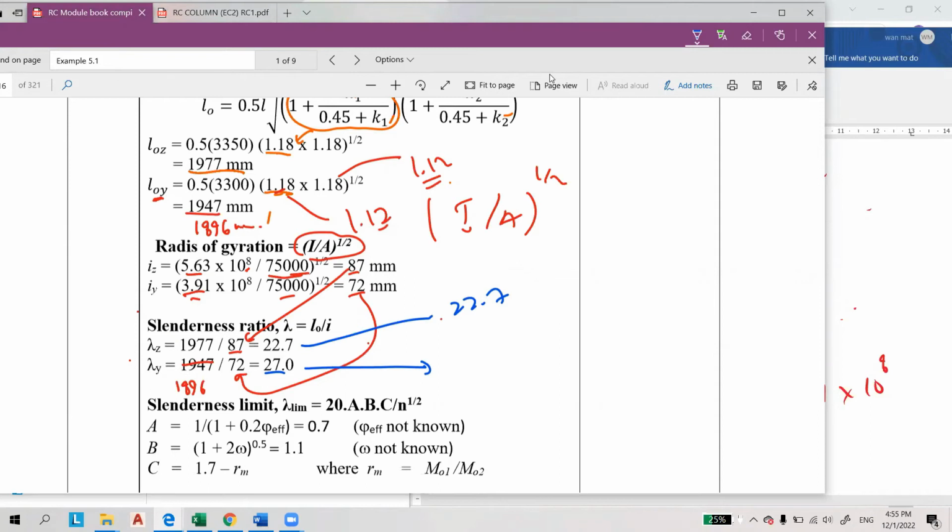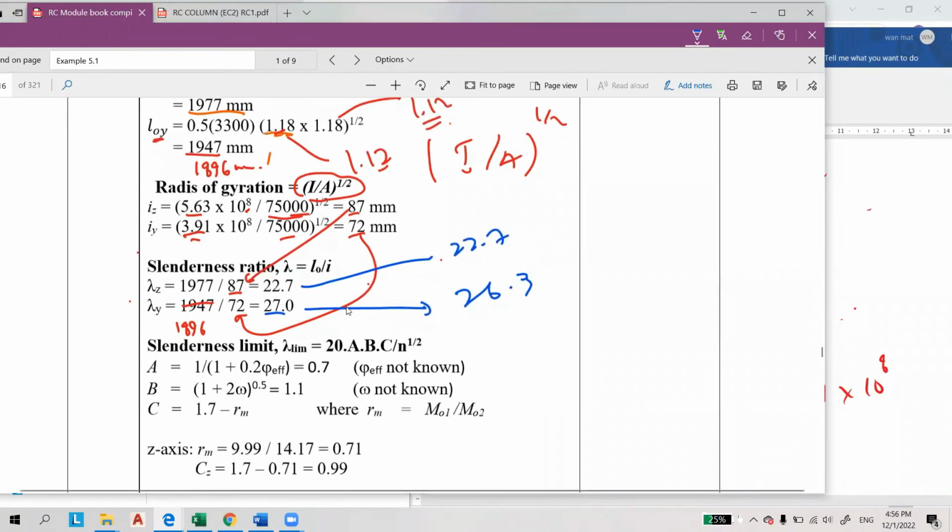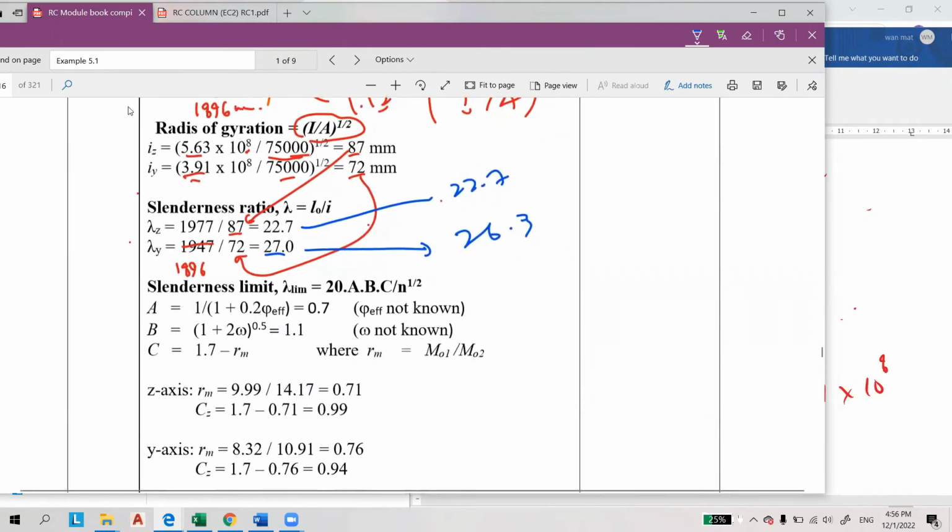Okay, and what is the value here? 26.3. Okay, thank you. So this is the slenderness ratio. You have to compare the slenderness ratio to its limit, so you can use this equation.